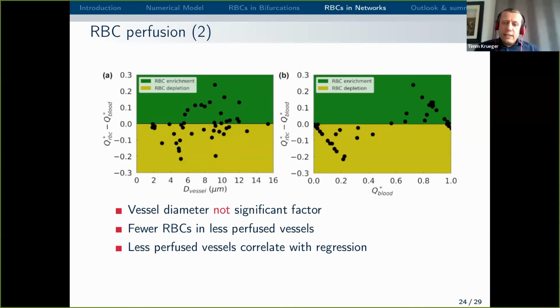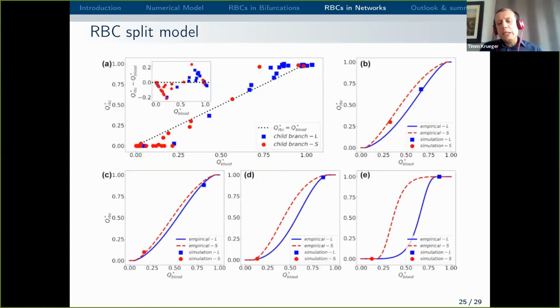Yes, so the main determinant that tells us how many red blood cells go into a given branch in a bifurcation is what is the overflow going into that branch. So let me go one slide farther. If you look at figure panel A, you see a dotted line, which is the diagonal line. On the x-axis, you can see the normalized flow rate of blood, which is the total suspension.